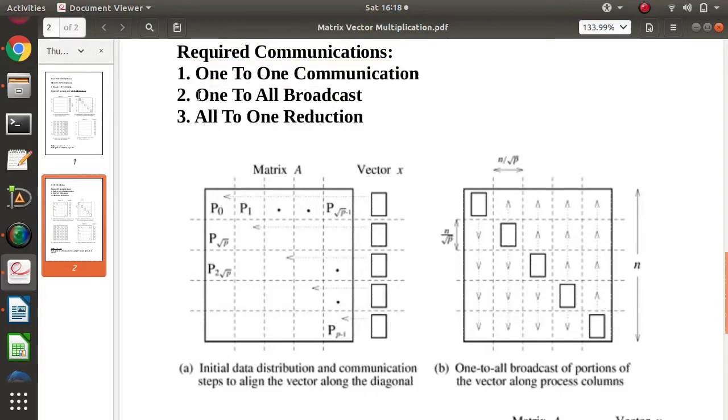That's why we call it one to all broadcast. This process is sharing this value to all the other processes in this column. That is one to all broadcast, to the processes in that column.